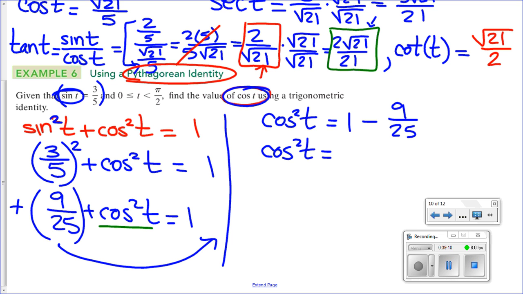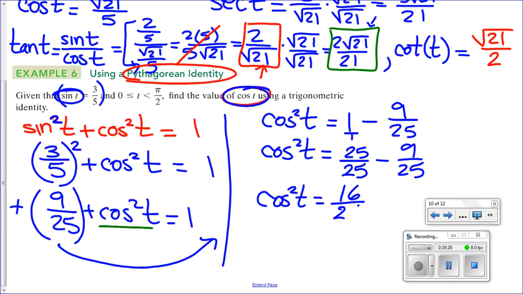So 1 converted into 25ths, it will be how many? 25. So then the cosine square of t is equal to 16 over 25. And now what is last for us to do? Square root, yes, square root. And remember here, we will be taking the square root of 16 and the square root of 25, okay?